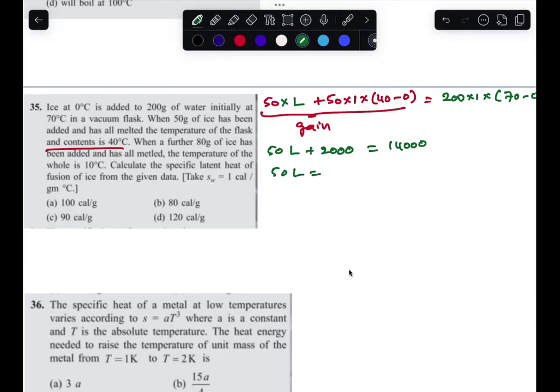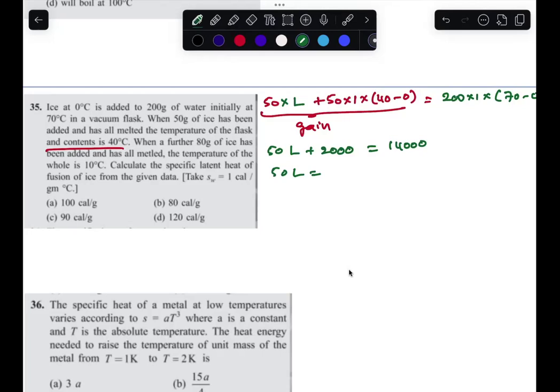See, first, let us work like this. 200 grams of ice at 0 degrees centigrade goes to 200 grams of water at 0 degrees centigrade, then to 200 grams of water at 100 degrees centigrade.